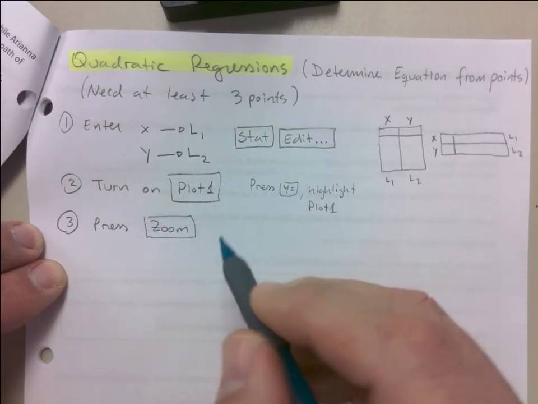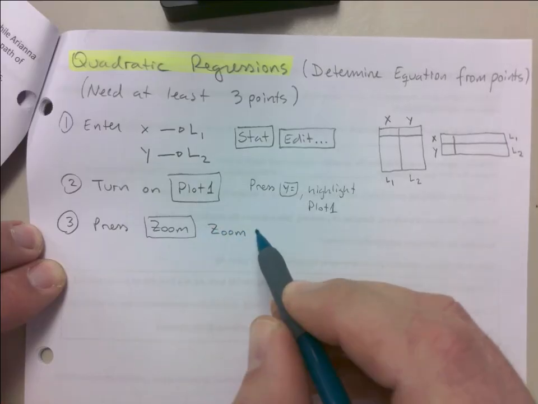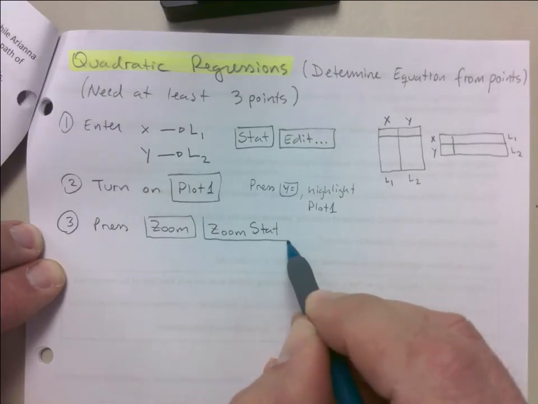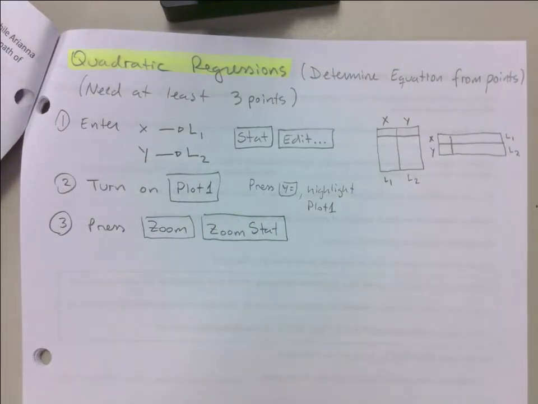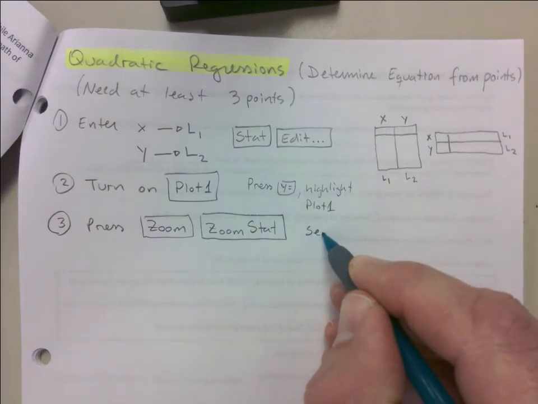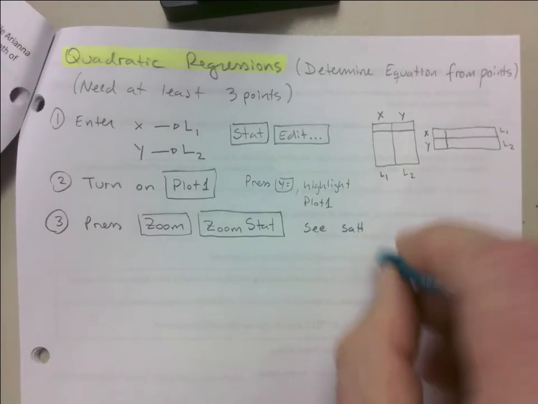You press that zoom button, and then you're going to select zoom stat. You'll notice that statistics is like the main theme of this whole operation. You're going to press the stat button, you're going to use zoom stat, all of those things. You should now see a scatter plot.